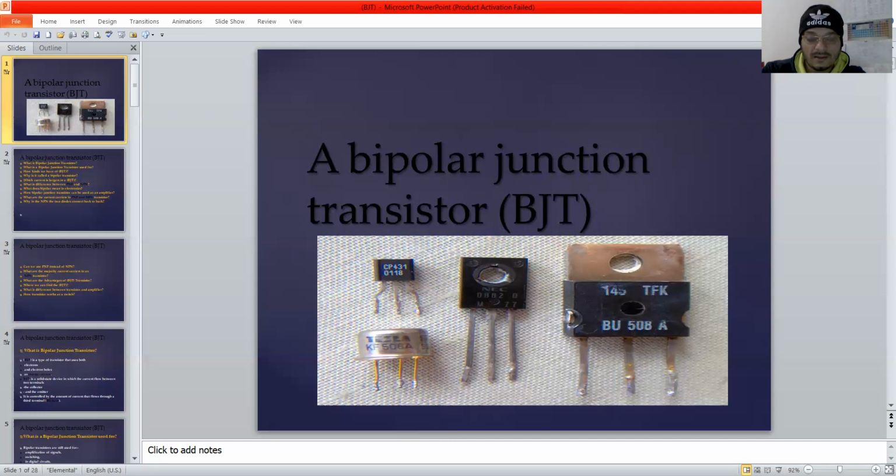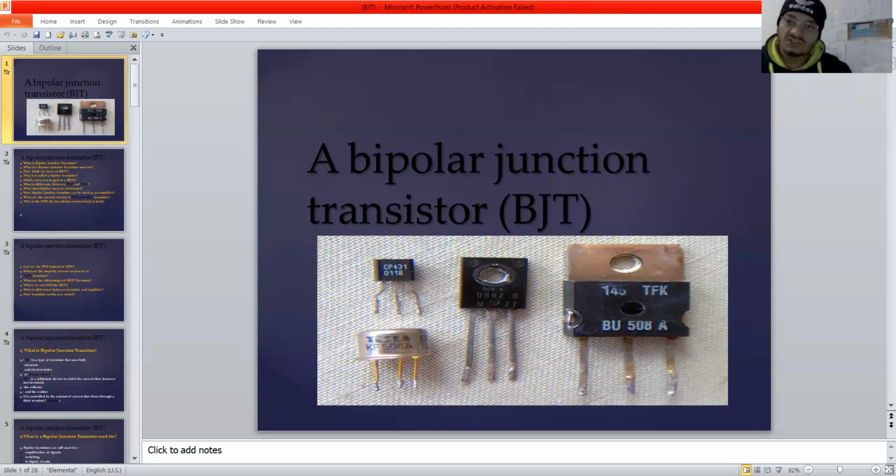Here are the emitter and the collector on the sides, and the base. Here we connected it with a resistance and a diode. The current will come from here, at forward bias.